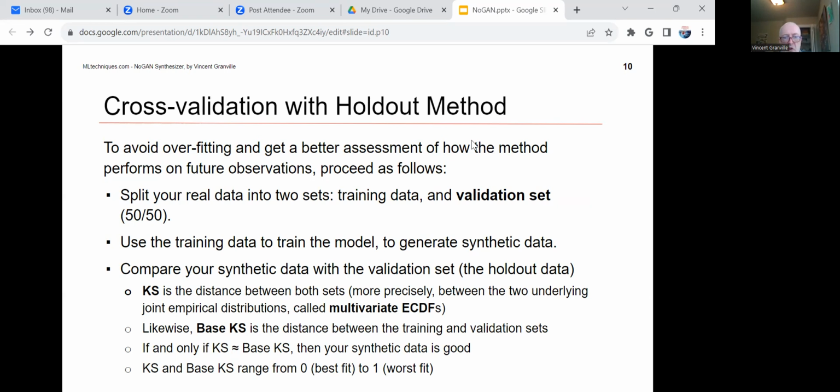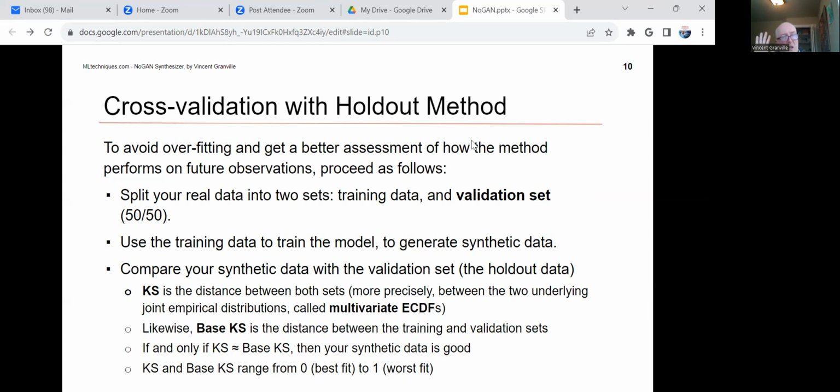What I've also done, which I believe everybody should be doing when testing algorithms, is cross-validation, a well-known machine learning technique to make sure that you're not overfitting and that you're testing your algorithm on data that's not part of the training set. Essentially, that's what I've been doing here. A keyword that is usually used is the holdout method.